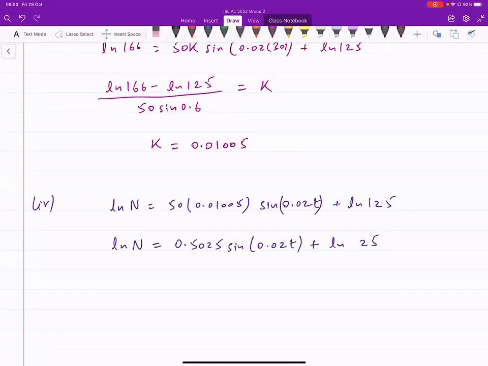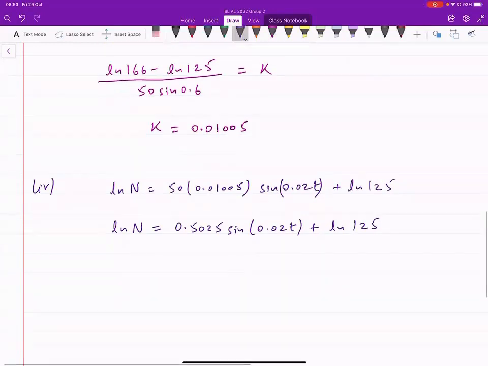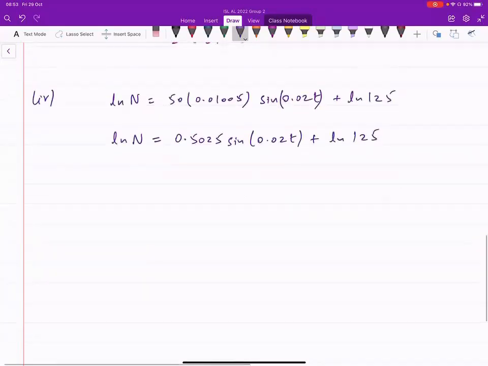Now, how do we obtain n in terms of t from this? By integrating? Okay. So we can take the log terms to one side.